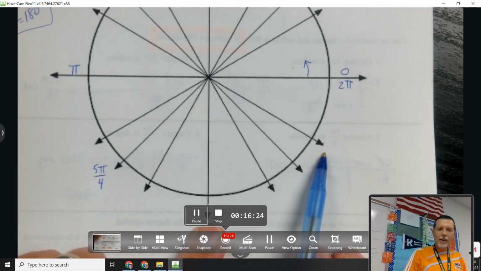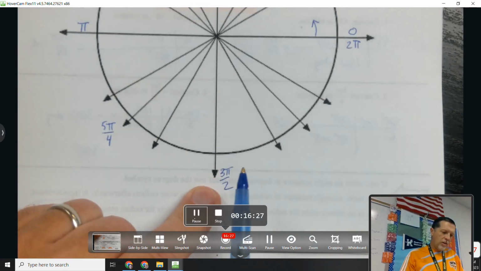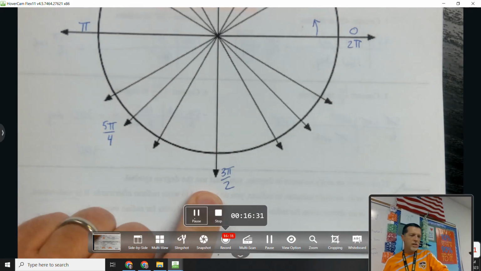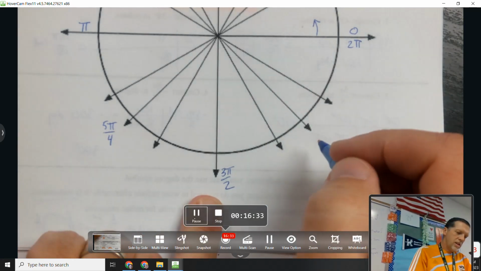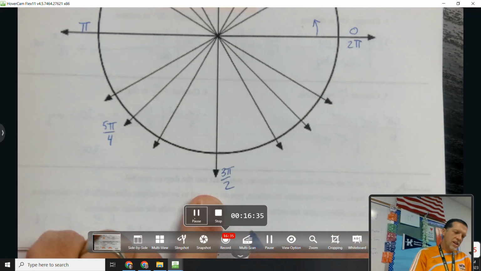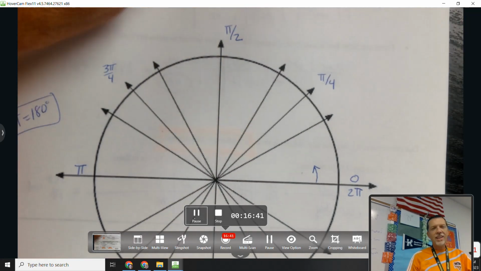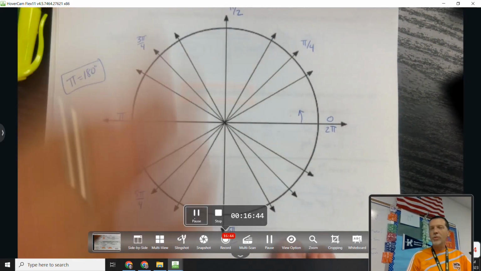How about halfway between 3 over 2 and 2? Halfway between 1.5 and 2? 7 pi. Let's see. Or, here's what he might be doing, and here's what you'll switch to doing.